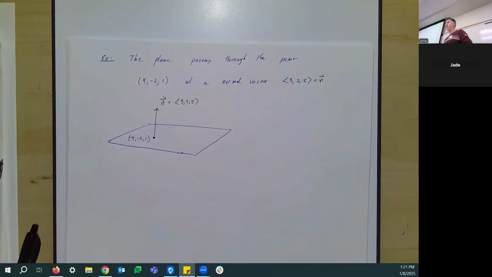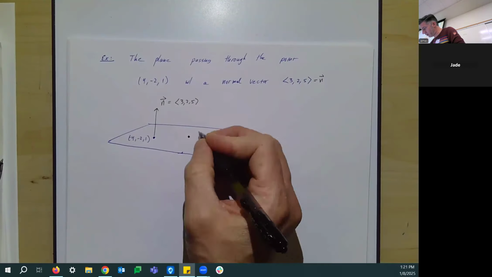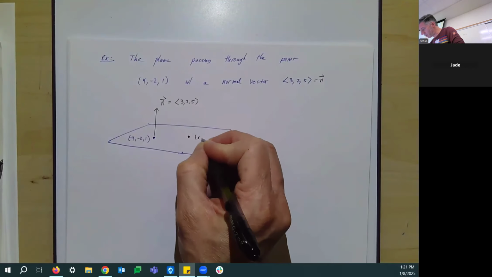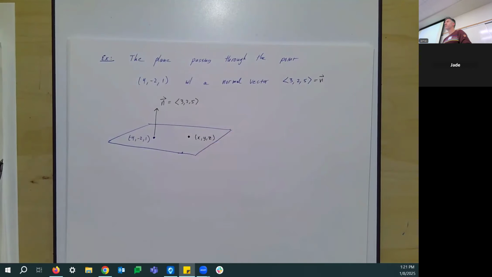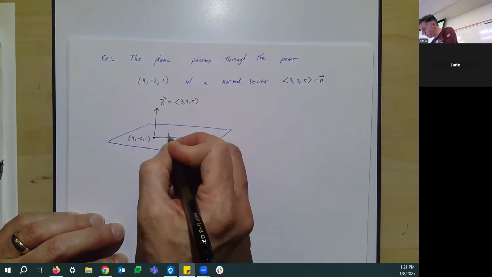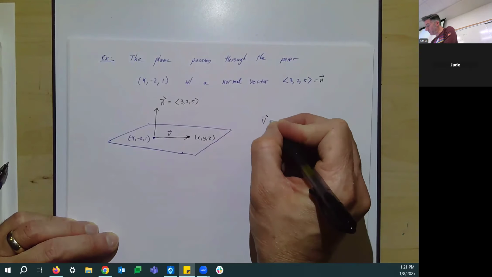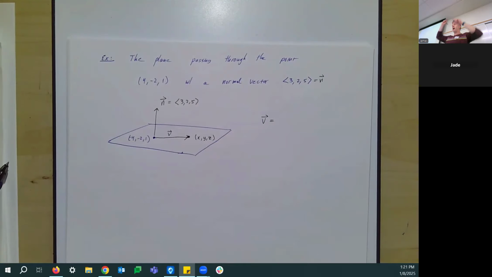So if I wanted to describe a point that's in that plane that I didn't know, like say this point over here, which I'm going to call (x, y, z). Well, if I draw this vector, let's call it v, if you want to find the vector between 2 points, it's the end point minus the beginning point, essentially.